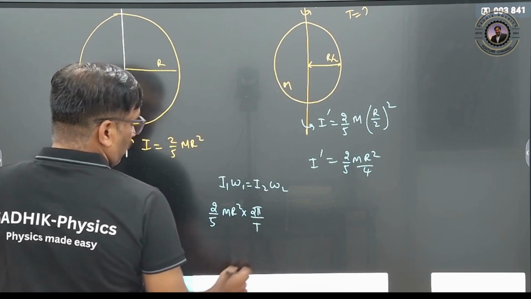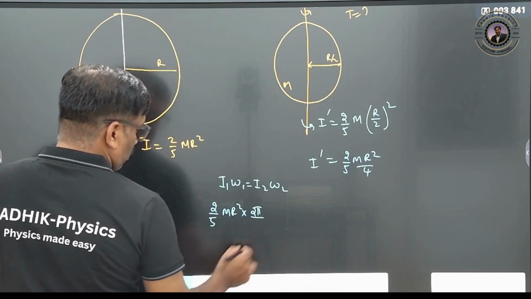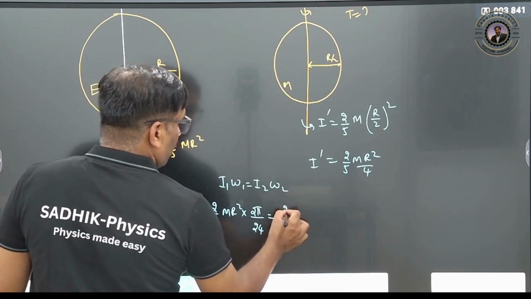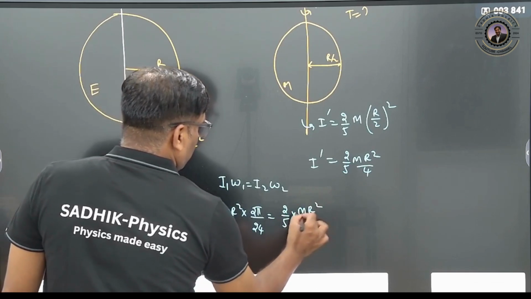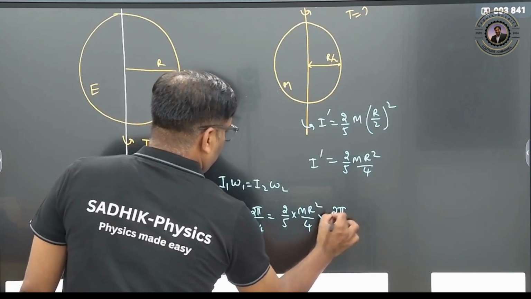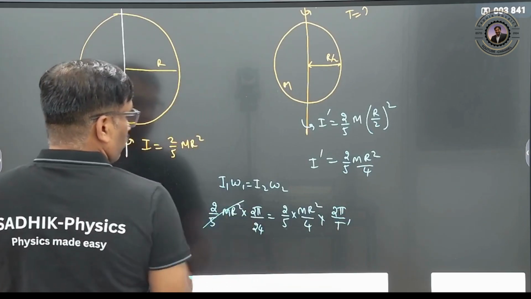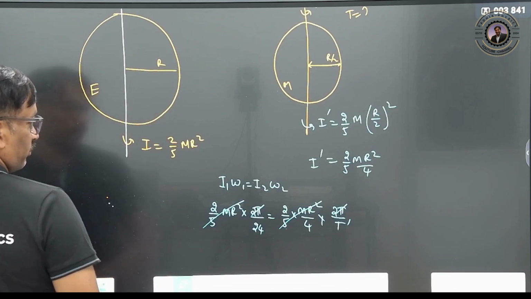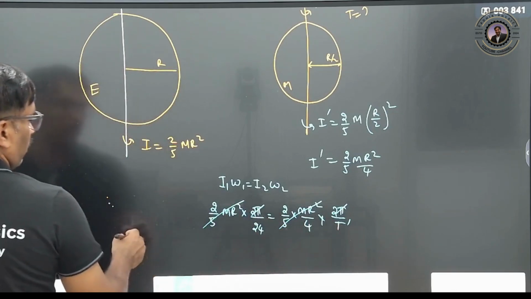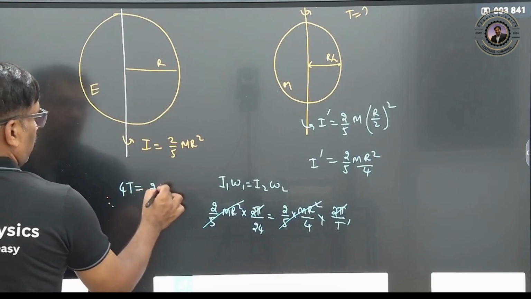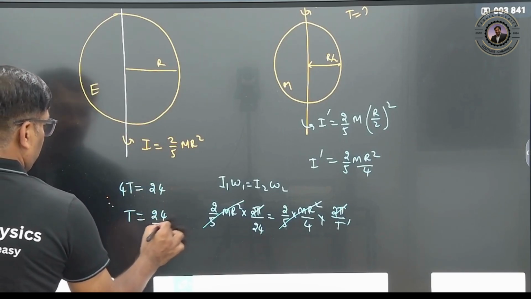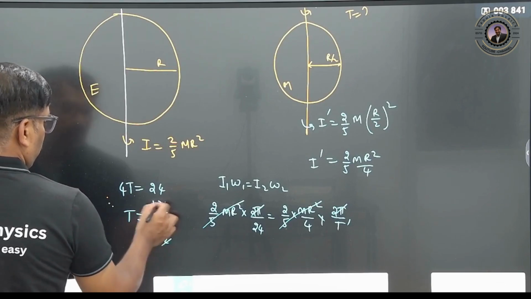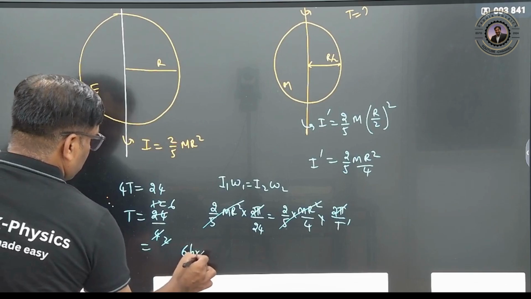It will be equal to I2, which is 2 by 5 M r square by 4, into 2 pi by t, the new day. 2 by 5 M r square and 2 pi cancel out. So 4t is equal to 24, so t is equal to 24 divided by 4, which is 6. It will become 6 hours per day.